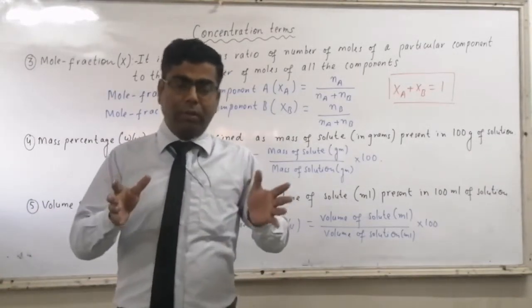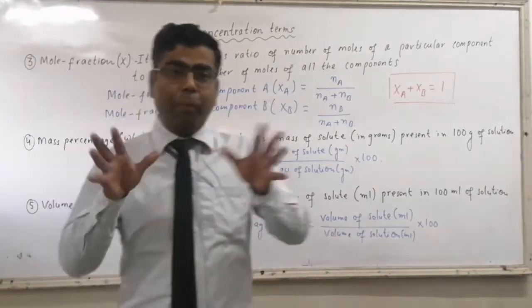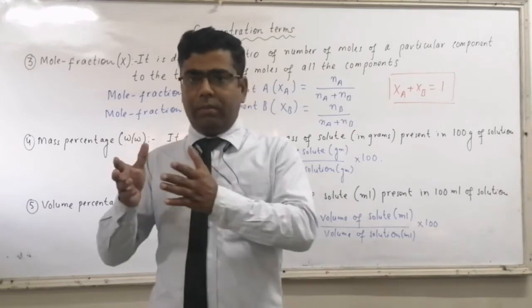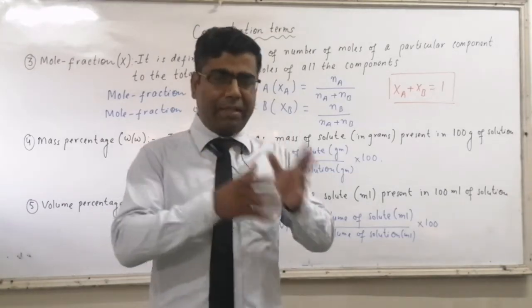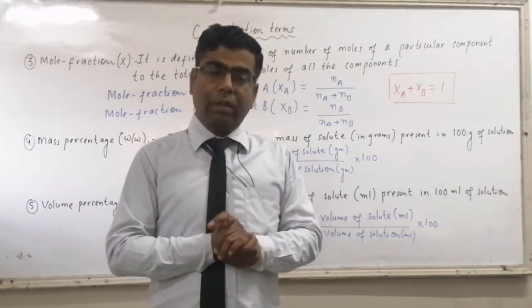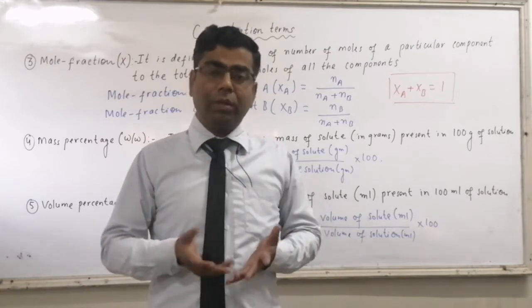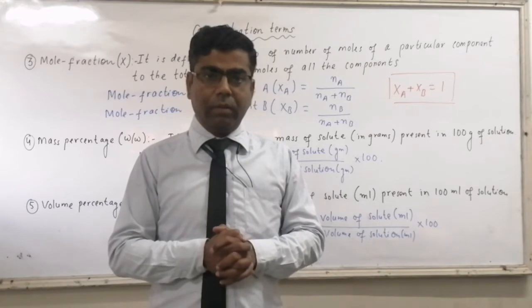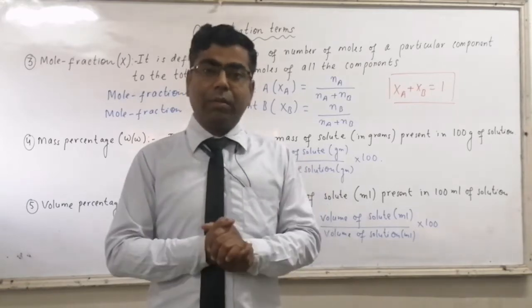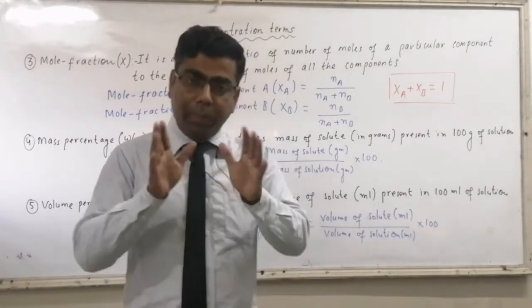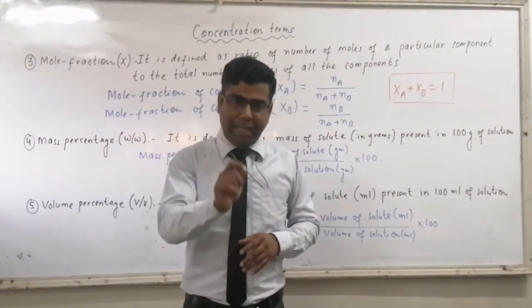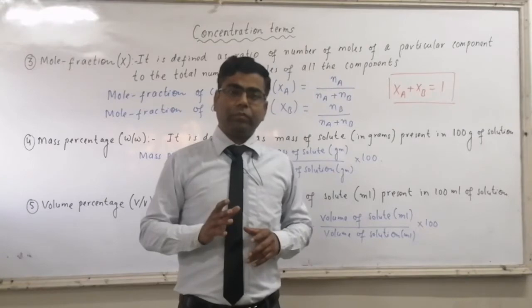Suppose we have three components in the solution: A, B and C. Then how will we find the mole fraction for the individual component? XA, that is mole fraction of A, will be equal to Na divided by Na plus Nb plus Nc.